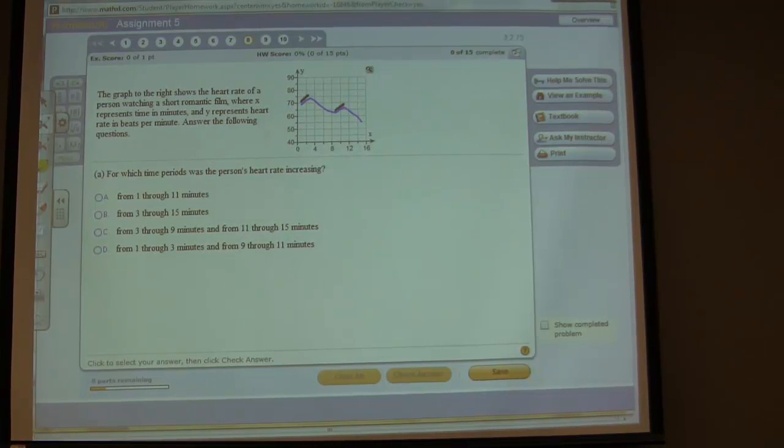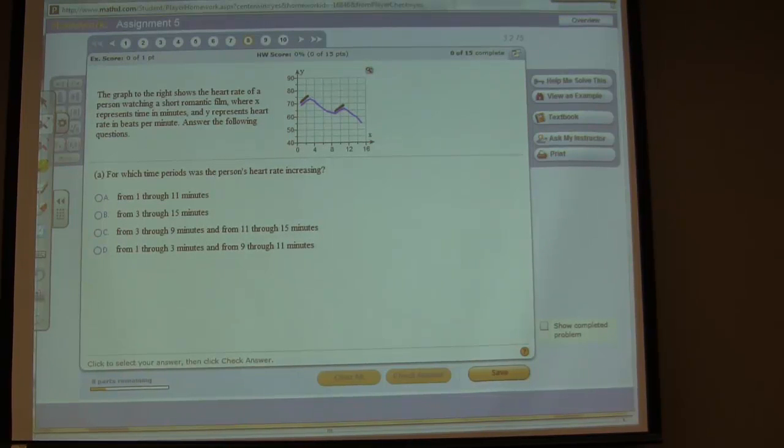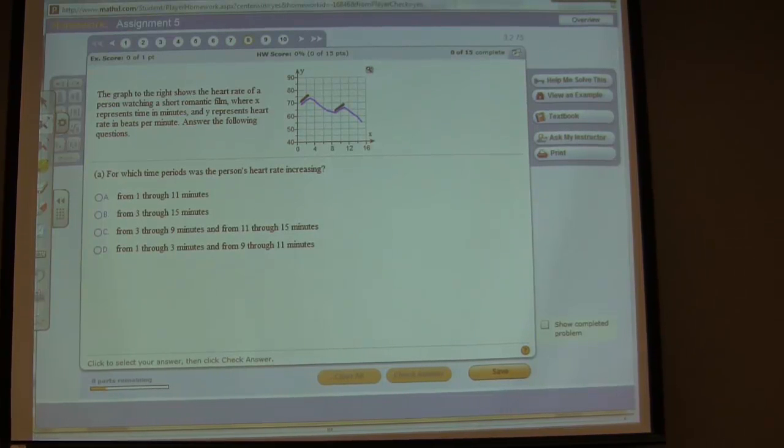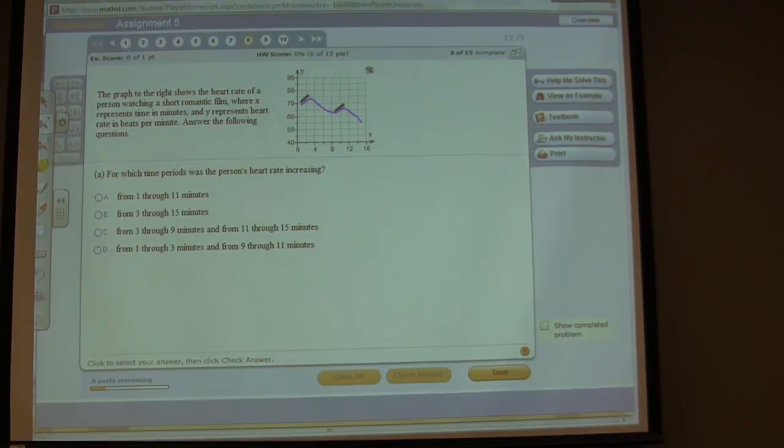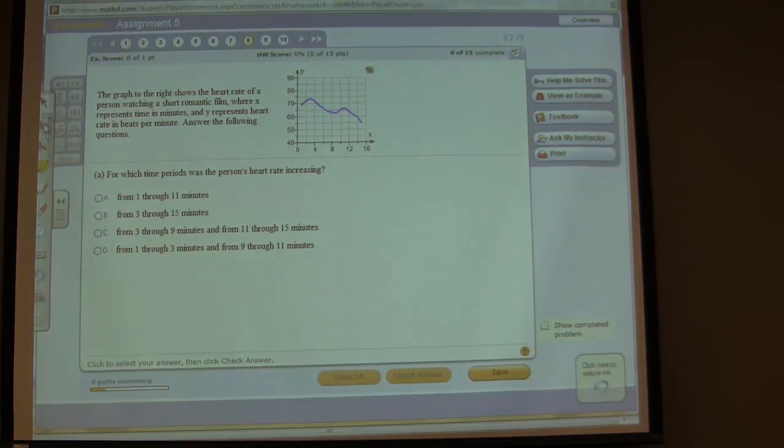Well, the first time area is the time between 1 and 3, and the second one is between, it looks like 9 and 11, so that would be D.